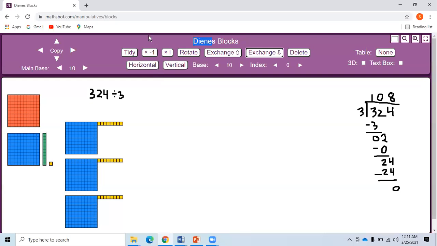Looking back at the model, I can see that I have 1 100, no 10s, and 8 ones. So 324 divided by 3 is equal to 108, no matter how I do it. Thank you for watching.